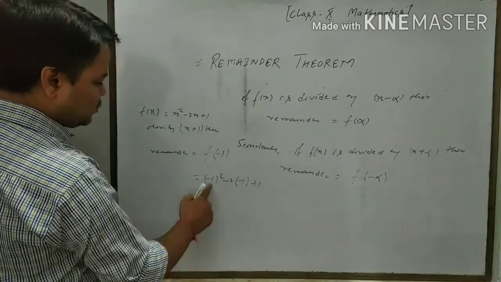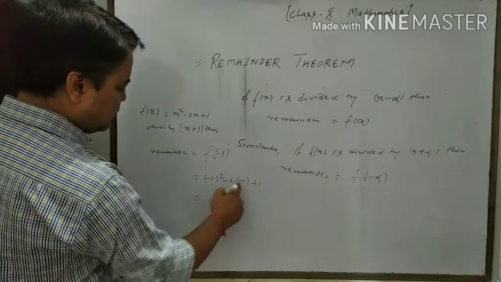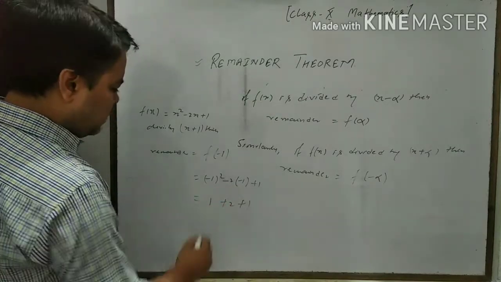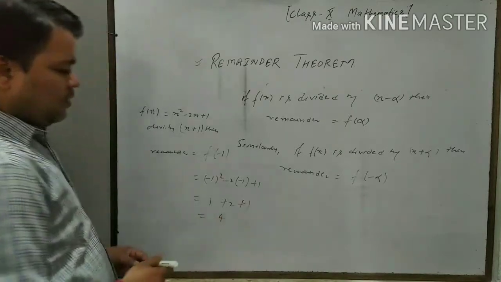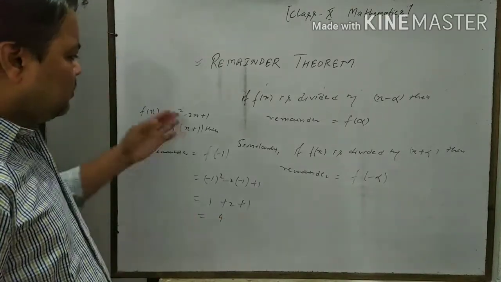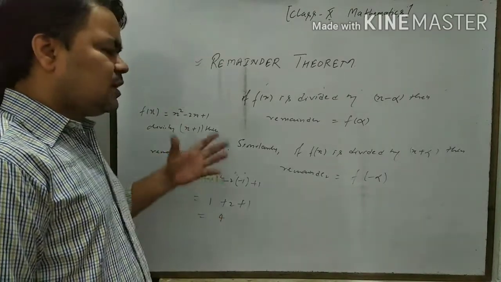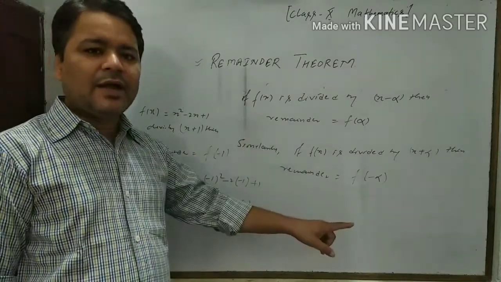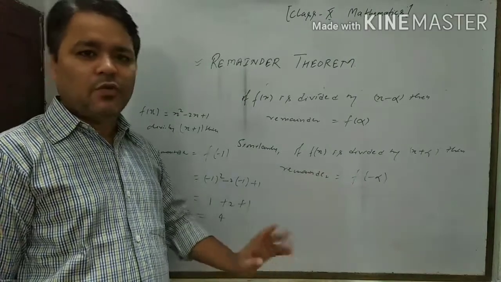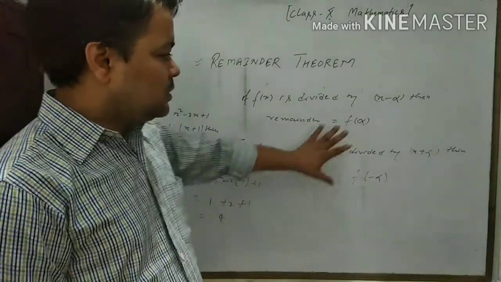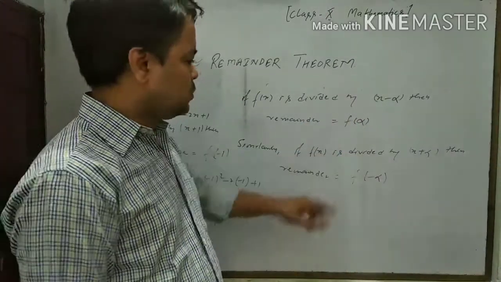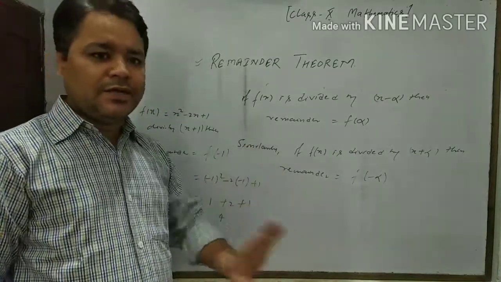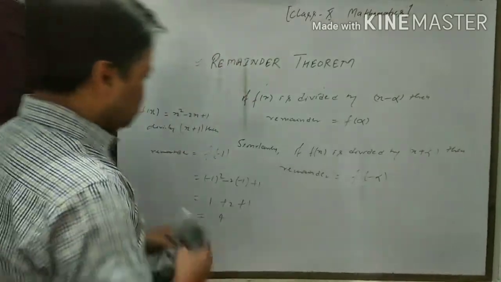The square of minus 1 is 1, minus times minus 2 is plus 2, and plus 1. So the remainder will be 4. Simply, without division we can find the remainder of a polynomial when it is divided by a linear polynomial. According to our syllabus, this theorem is true only when a polynomial is divided by a linear polynomial. Two more things.